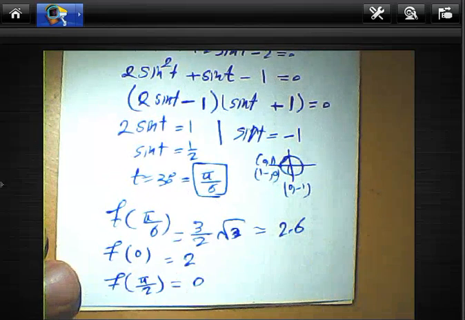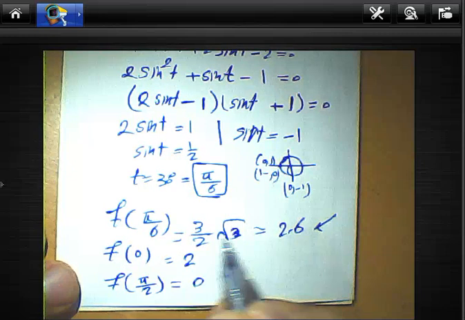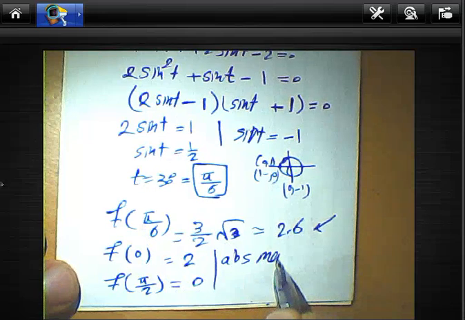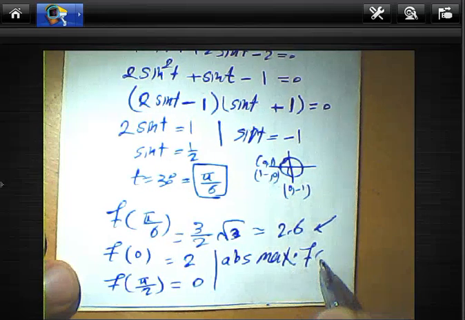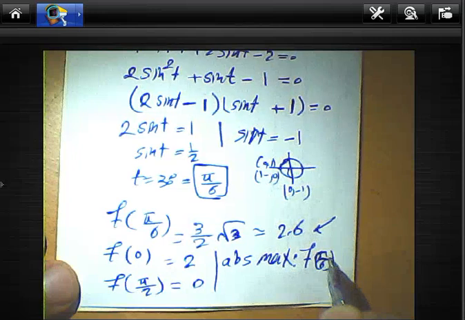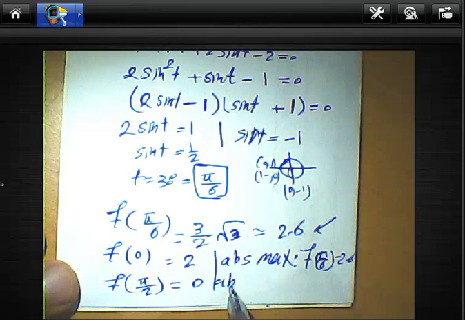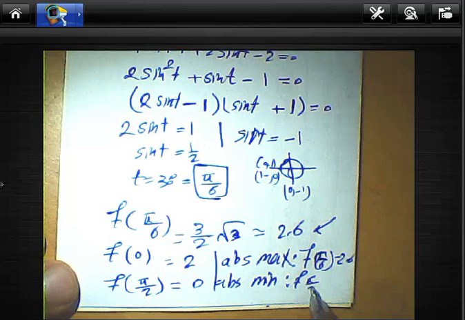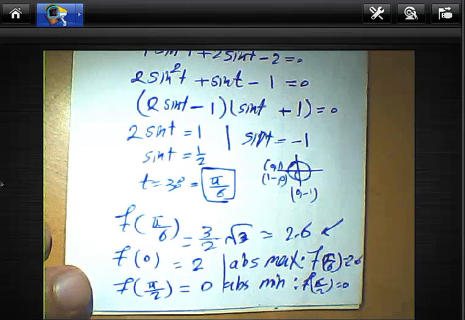So we can find the absolute max and absolute minimum. The absolute max will be f of pi over 6, which equals 2.6, and the absolute minimum is f of pi over 2, which equals 0. You must do all these steps, okay?